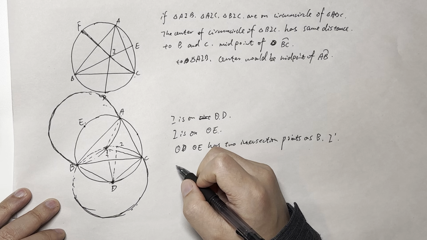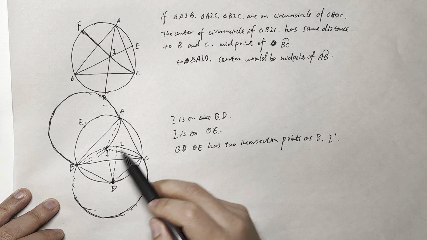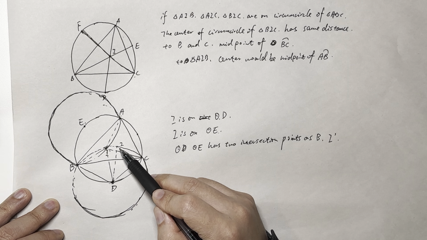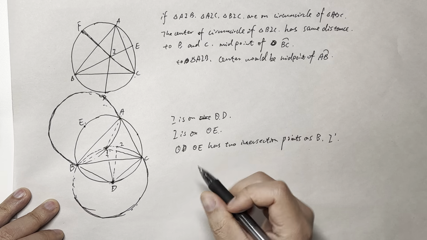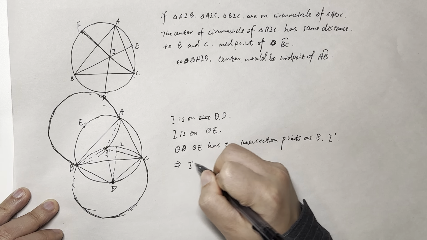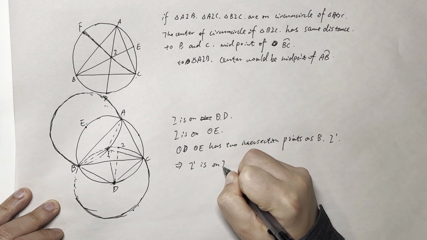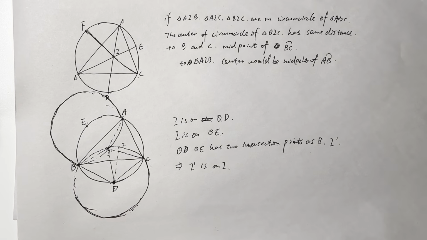Which means the assumption that I prime is a different point than I is false. So I prime is I. Okay.